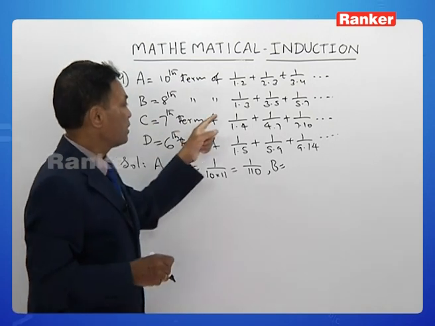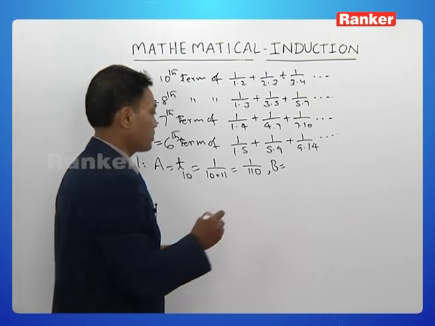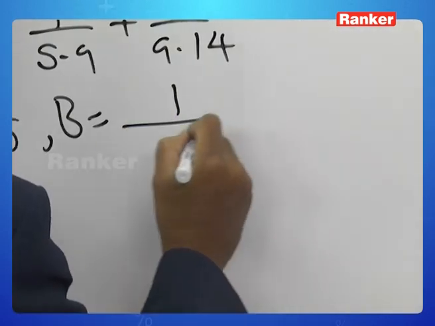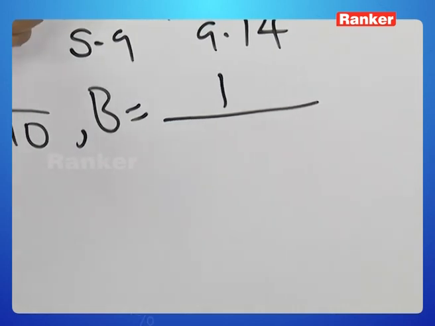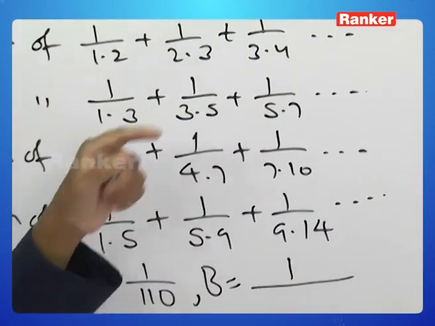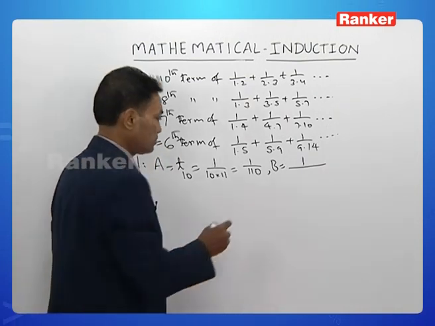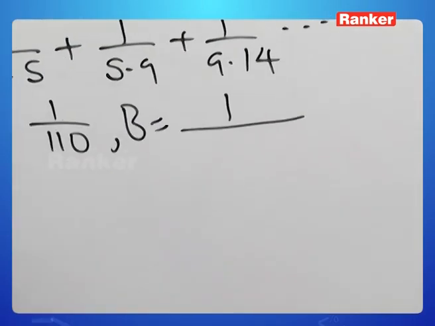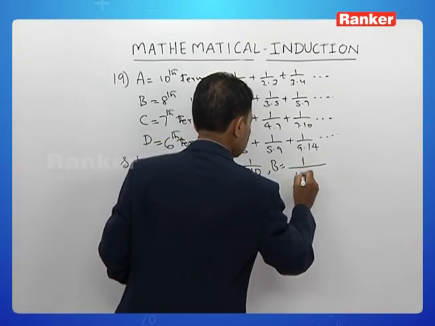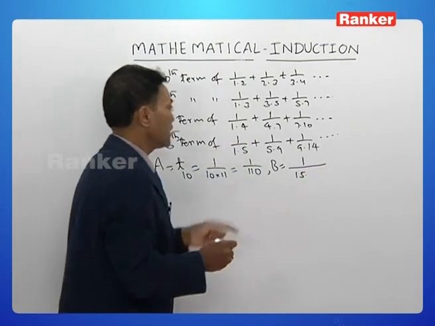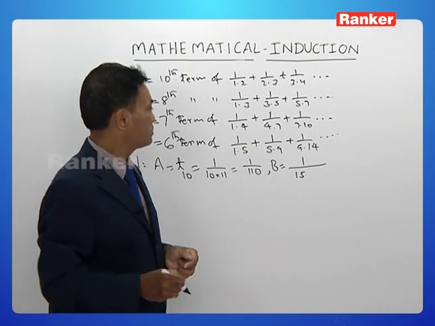Now we will write the second one. The 8th term: here you observe 1, 3, 5, that is 2n minus 1. When you put 1, you get 1. When you put 2, you get 3. When you put 3, you get 5. So in 2n minus 1, we substitute 8. So 16 minus 1, we get 15. Right, here we have 3, 5, 7. So this is 2n plus 1.